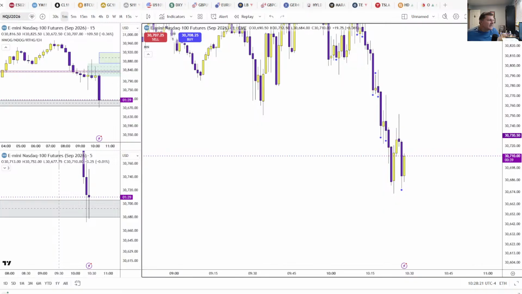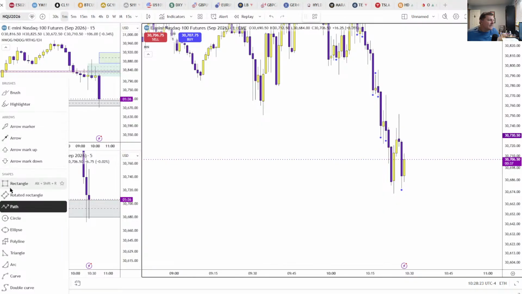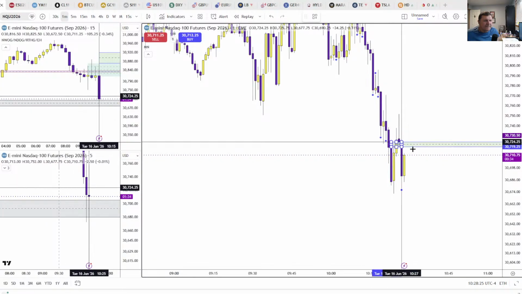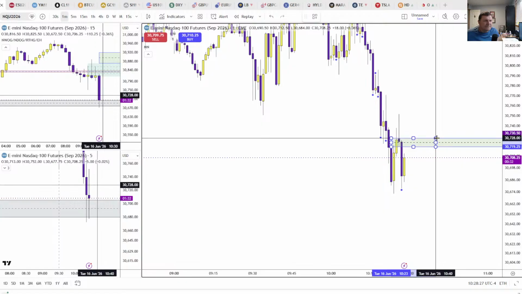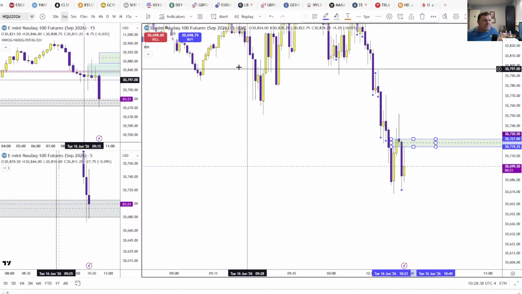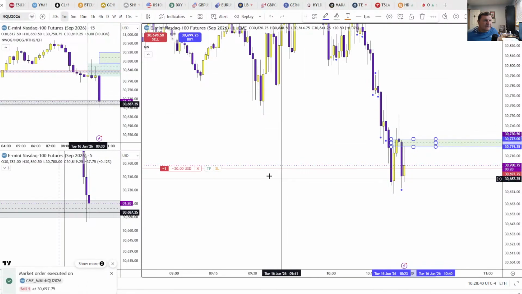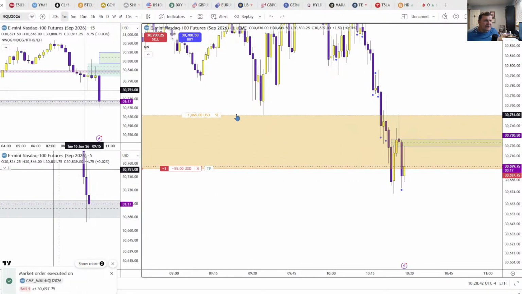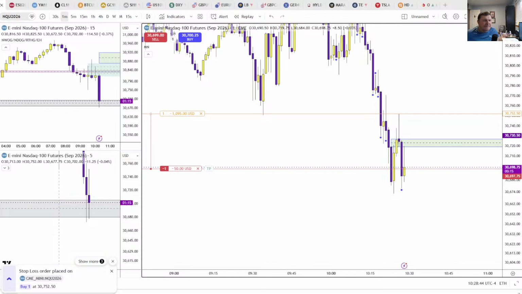I'll put a little box there, so keep your eye on that area here. A little late. Wanted to get that one short. Put the stop up here.